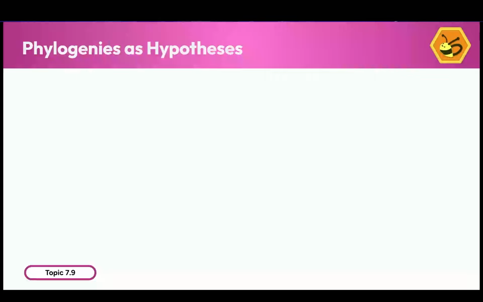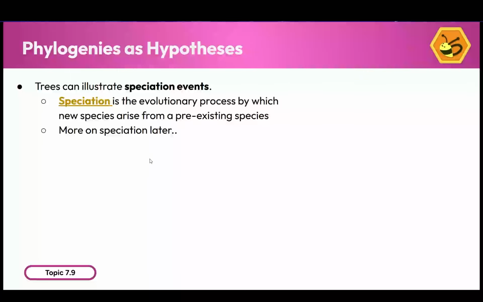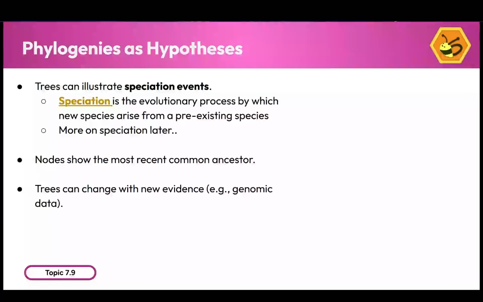Another key point is that phylogenetic trees are hypotheses. They're not an exact science, and that's a key point in the CED that they want you to know. They also show speciation within a population over time, and these trees can change with new evidence because they're hypotheses.